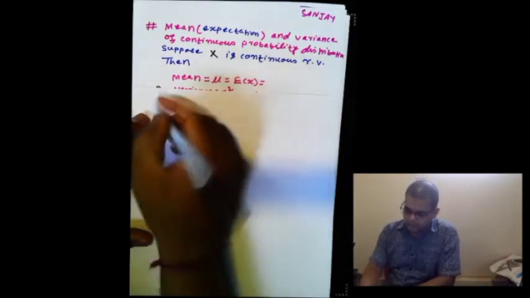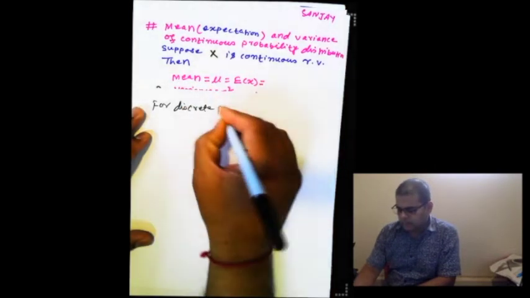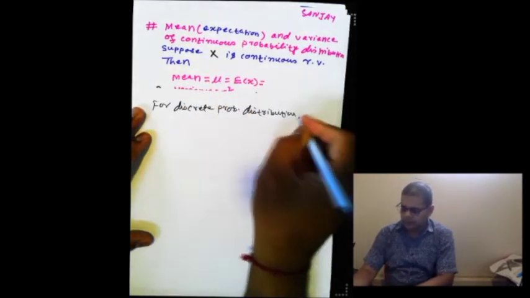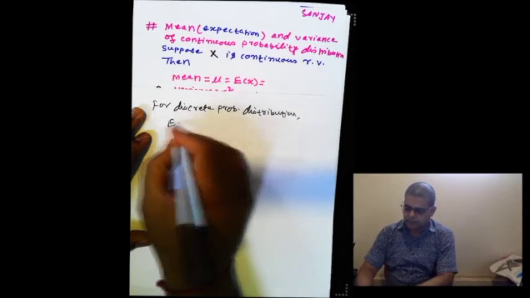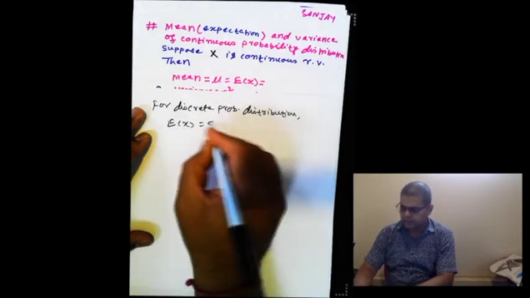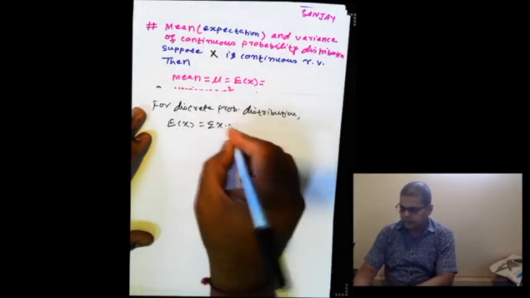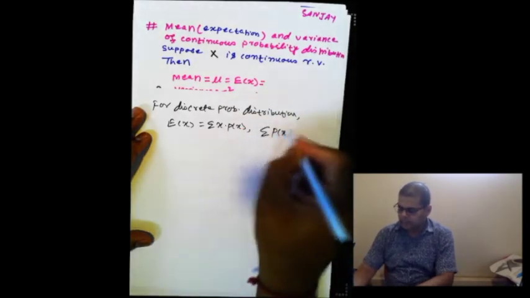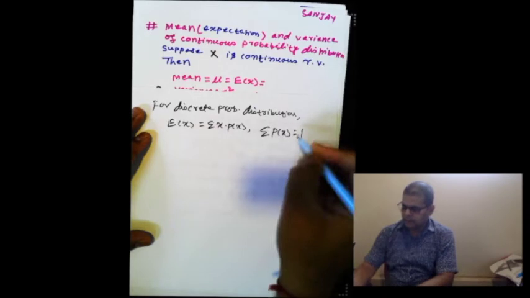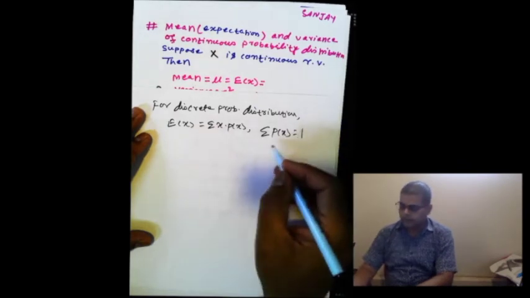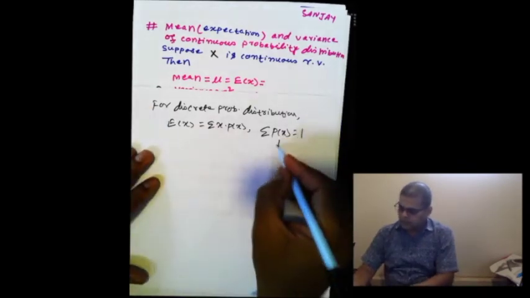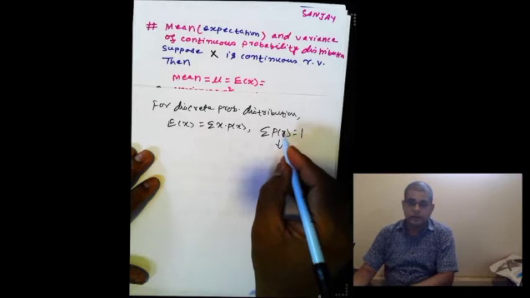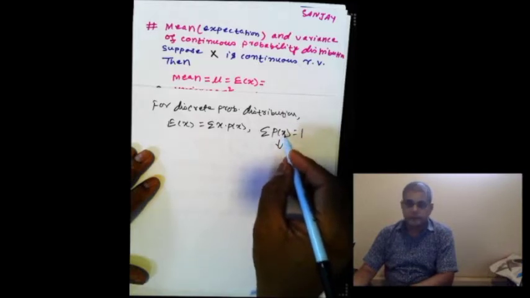For a discrete probability distribution, you have seen that the expectation of x equals the summation of x times p(x), provided that the summation of p(x) is 1, that is, the total probability is 1. In order to say x is a random variable, the total probability must be 1.